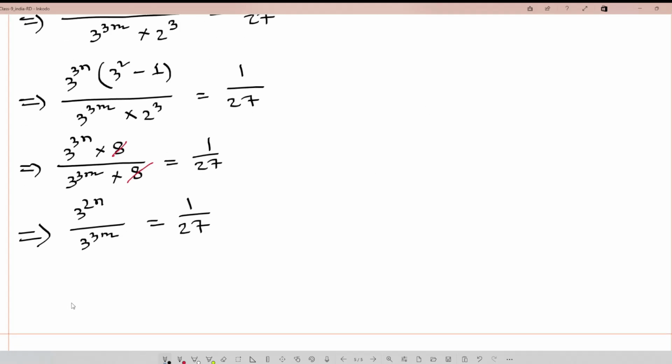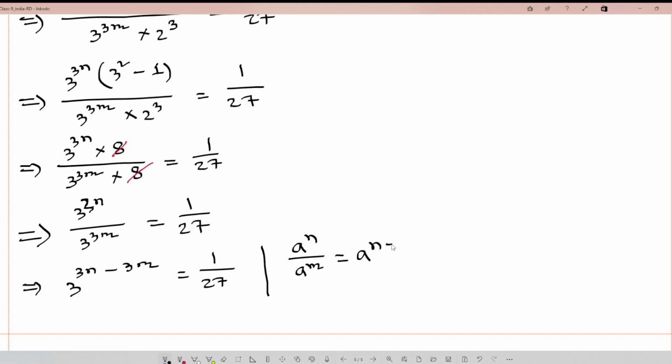Now what can we do? Here the base is 3. So 3 to the power 3n divided by 3 to the power 3m equals 1 divided by 27, we can write, because we know a to the power n divided by a to the power m, once bases are the same, for division the powers are subtracted, so a to the power n minus m.